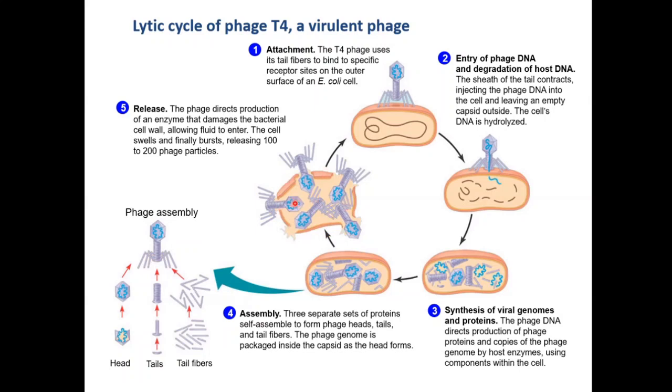lysed, will be destroyed. And by destroying this bacteria, the viruses will get out, released by the production of an enzyme that damages the bacterial cell. The cell bursts, releasing 100 to 200 phage particles.